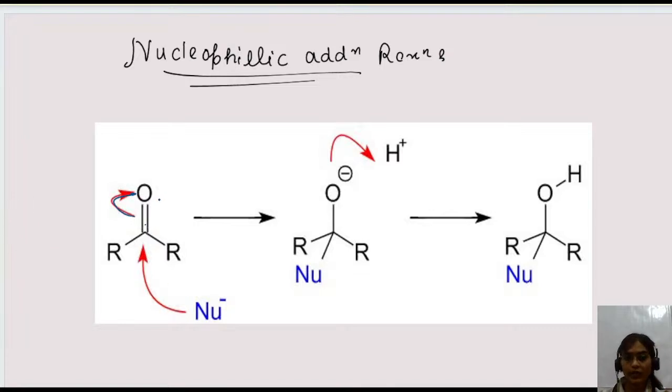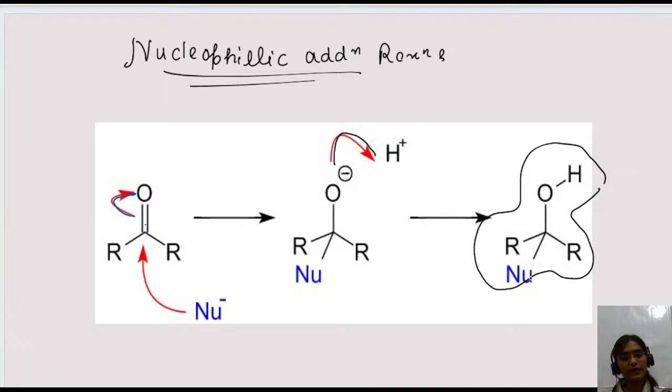You have to remember this mechanism, because every time we are going to follow the same one. It means that with respect to the nucleophile, an OH group is every time going to combine. It's a really important mechanism.